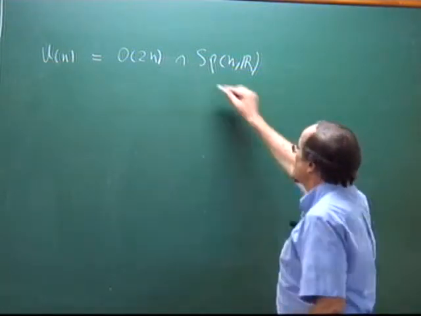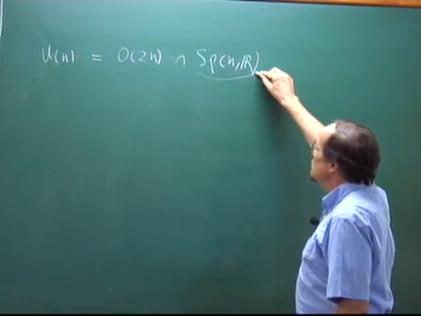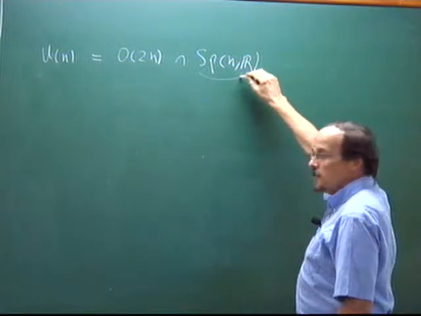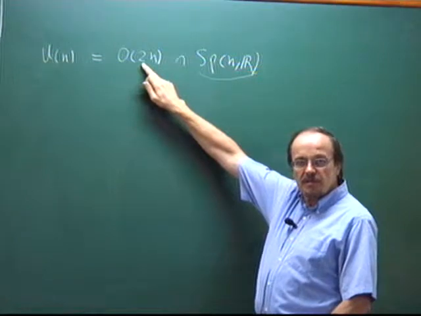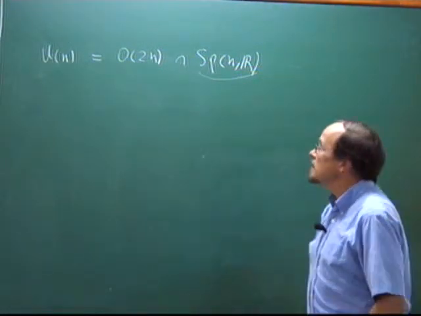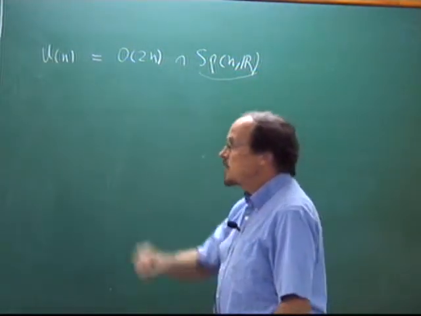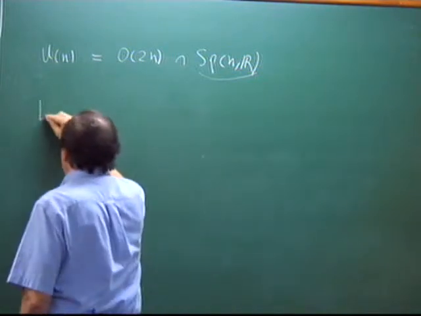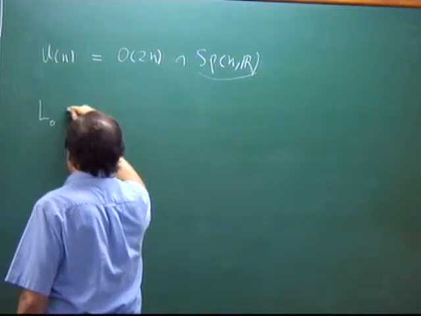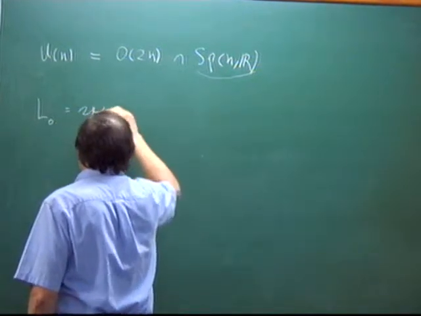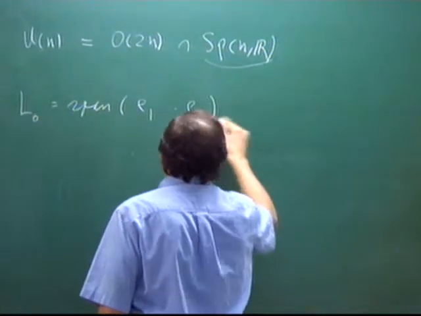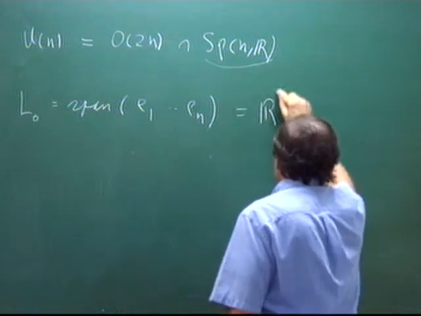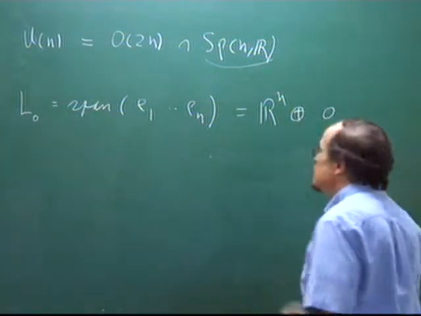So I already know that this acts transitively. So all I have to convince myself is that the element that takes one to the other, I can also make orthogonal. That's all I'd have to know. So how did we say that it is transitive? We took a standard symplectic Lagrangian subspace, which was a span of the first n vectors, so equal to R^n plus 0 in that decomposition.